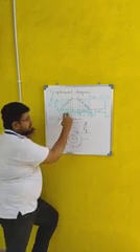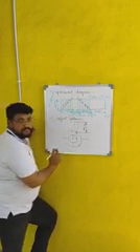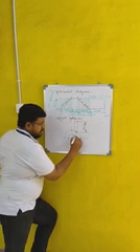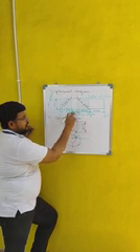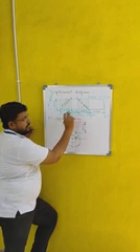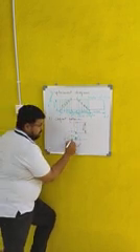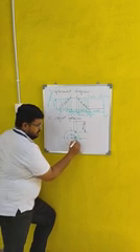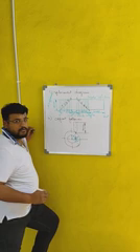What is the first rise given? Rise is given as 60 degrees. Let us suppose that this is 60 degrees, and after that the dwell period is given as 30 degrees. Therefore, once again I am representing the dwell period 30 degrees.